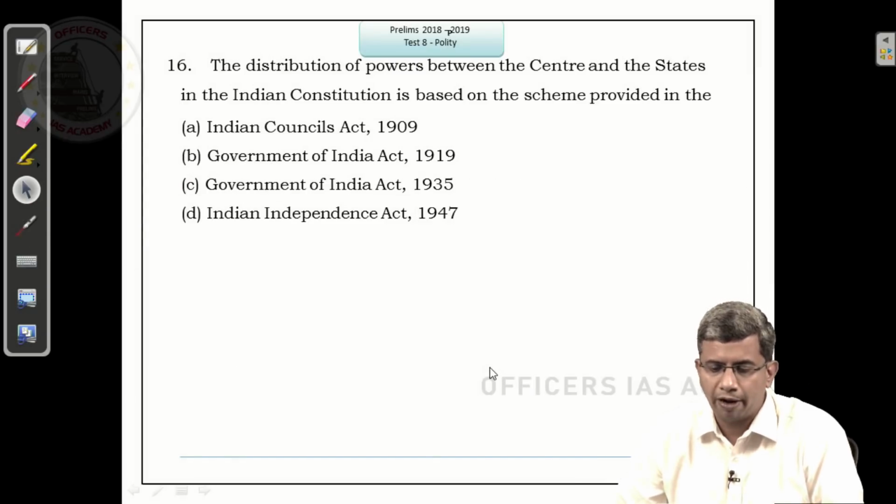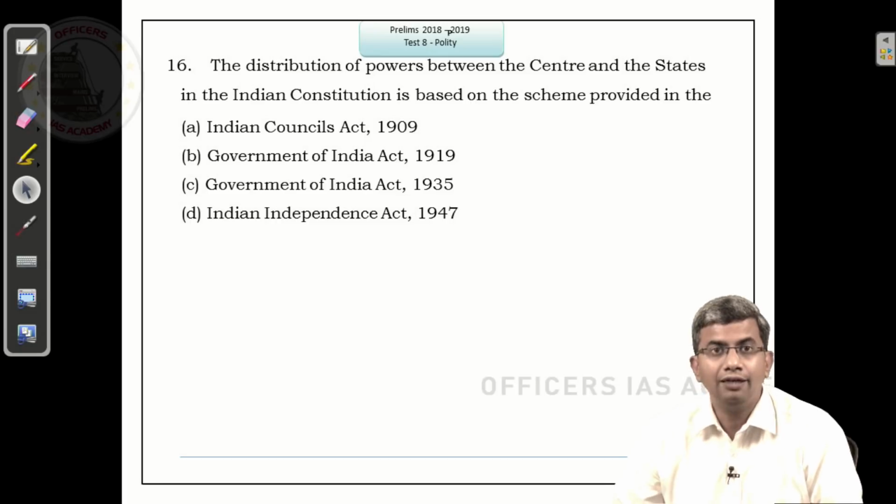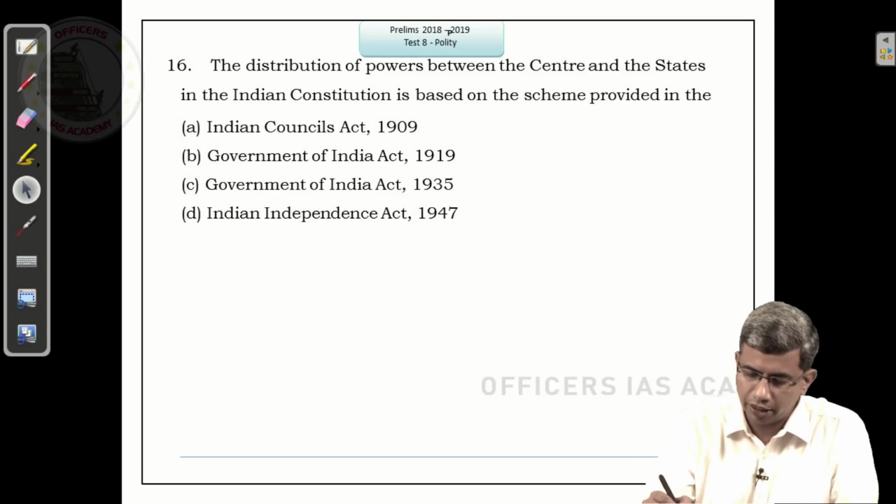The distribution of powers between the center and the state in the Indian Constitution is based on the scheme provided in the Indian Councils Act of 1909, Government of India Act of 1919, Government of India Act of 1935, Indian Independence Act 1947. Straightforward answer.